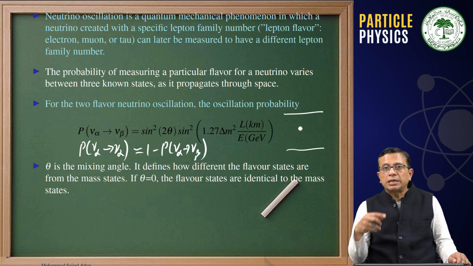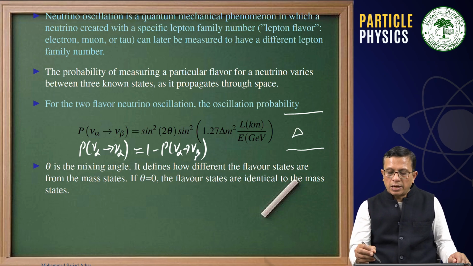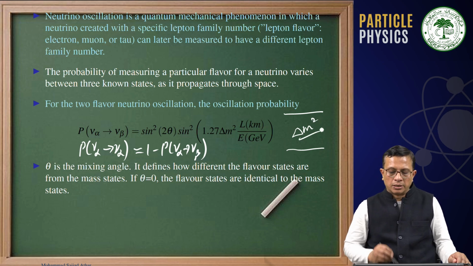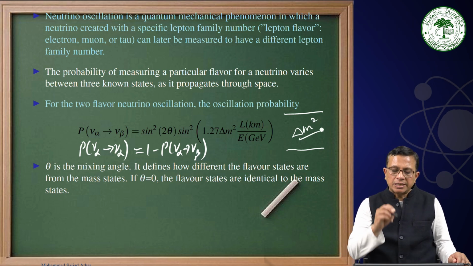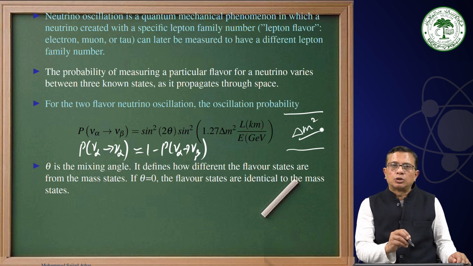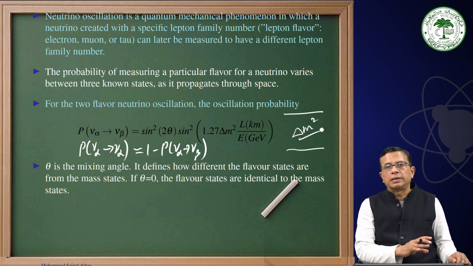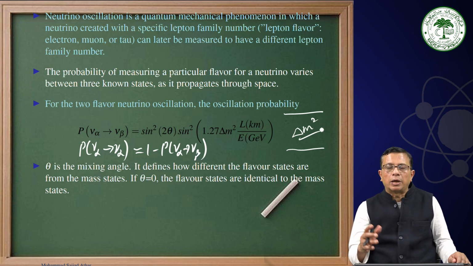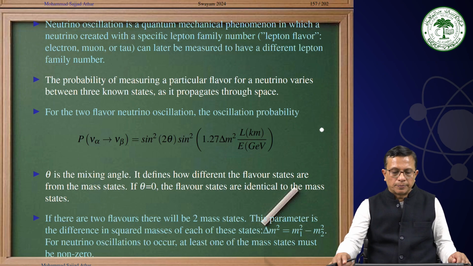Therefore, it is not necessary that both of them are non-zero. At least one of them has to be non-zero to have a finite delta m square. And if theta equal to 0, then the neutrino mass eigenstates are the same as the neutrino flavor states, and that is why there is no oscillation.